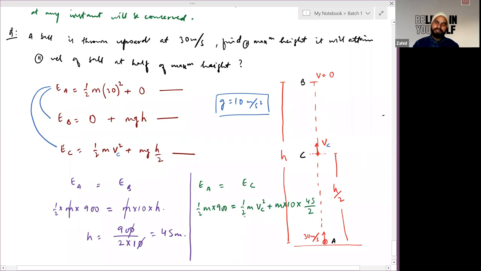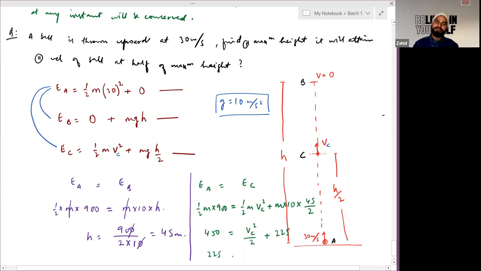Take m common, so they will cancel out. So 900 divided by 2 is 450, equal to velocity at point C squared by 2, plus 225. Move this 225 to the other side.